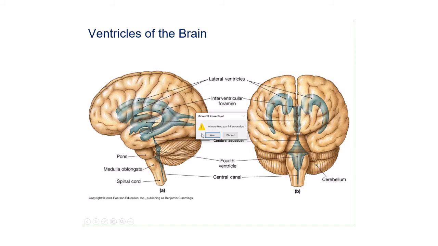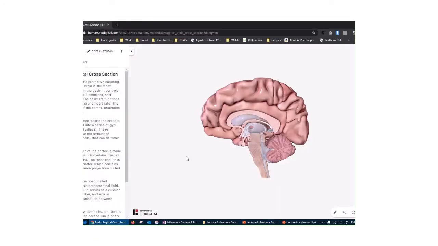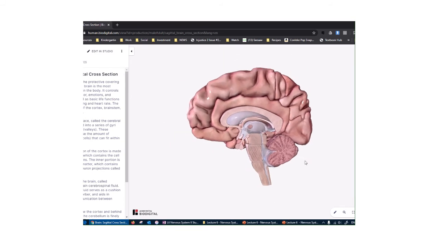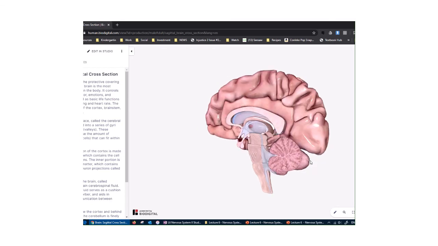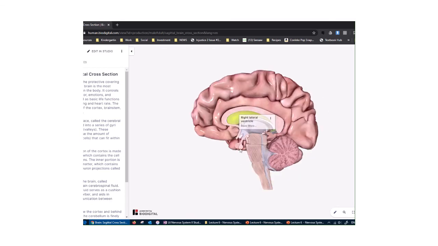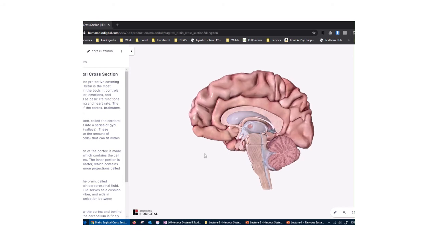So let me skip to this 3D model to show you a little bit. I posted a link to this 3D model on eCentennial, so you can check that out later on. This is half of a brain, and whenever you look at the mid-sagittal section of a brain, you will always see this band.